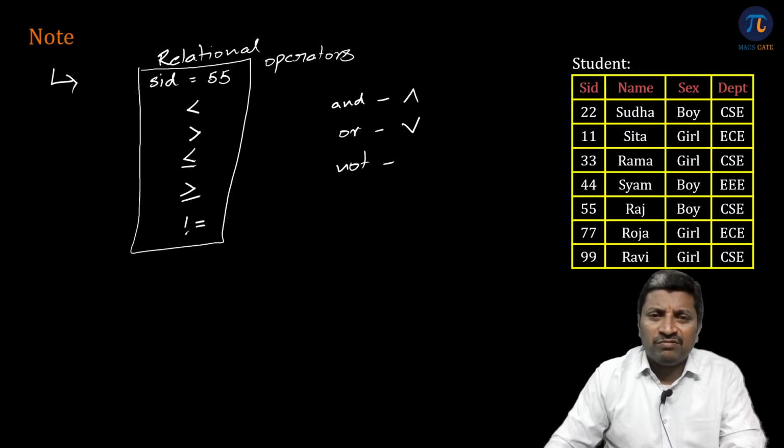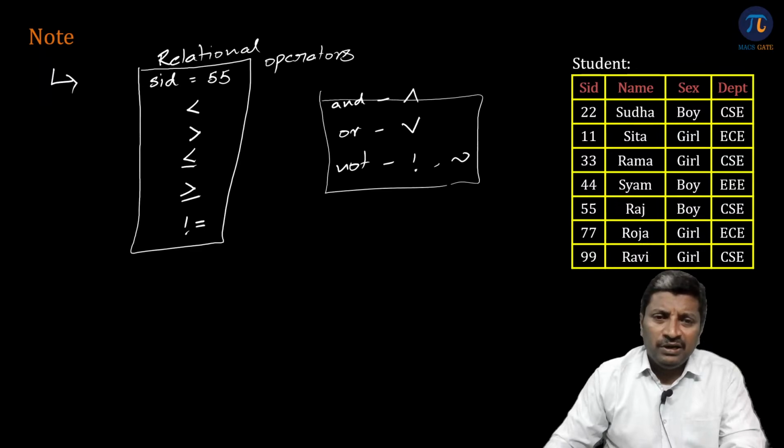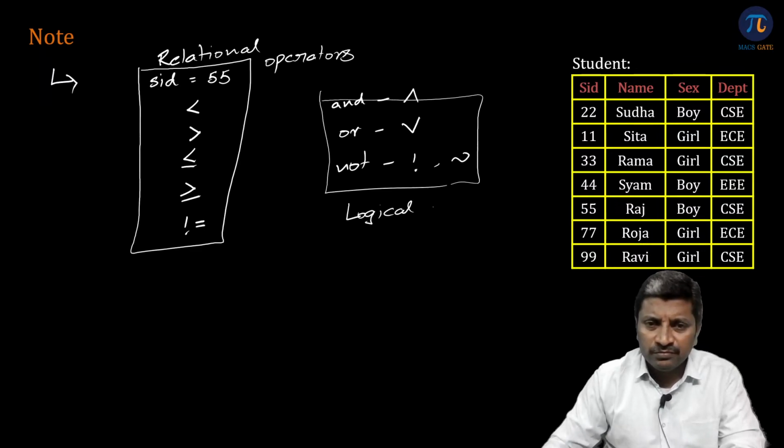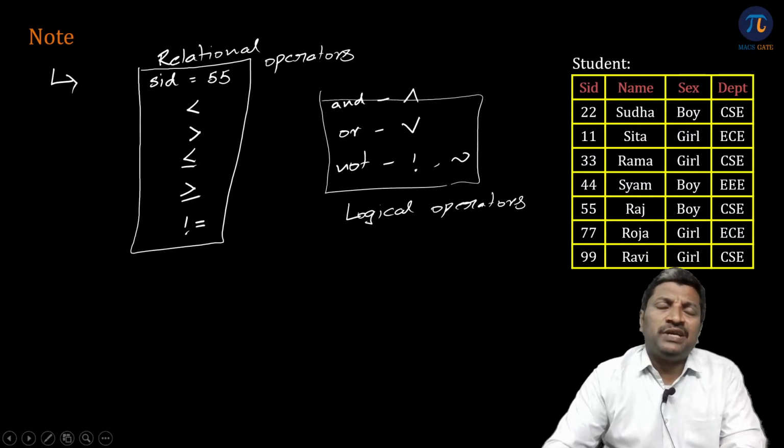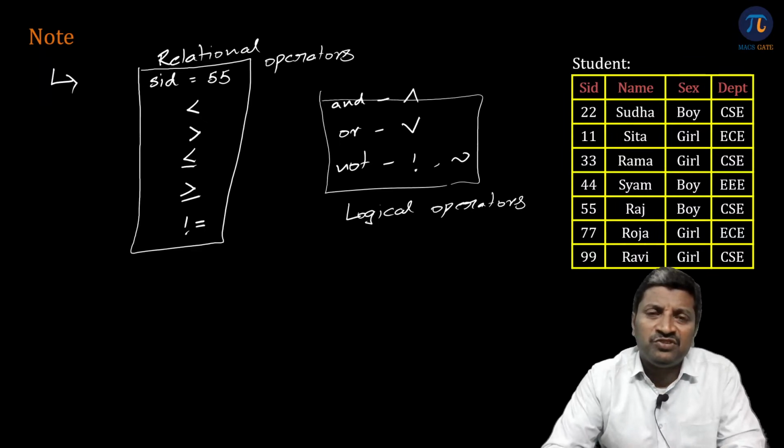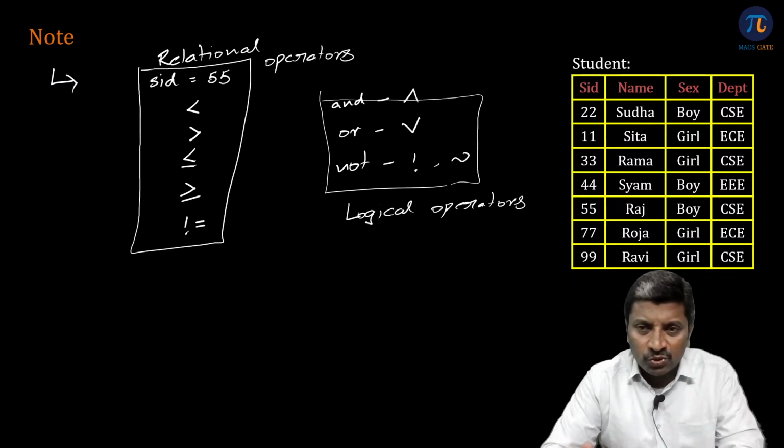For "not," either you can use the exclamation mark or the tilde symbol. So these are the logical operators we use generally with relational operators. That is about the selection operator which we use to select the records of a relation. Now let us go to the next one.